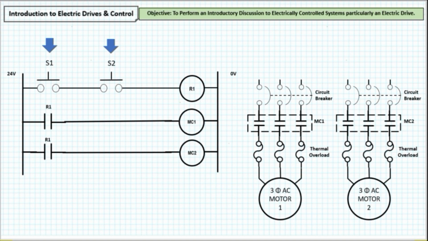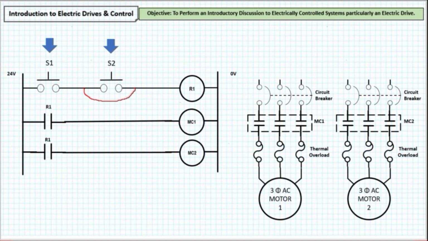Ayan, so before we end this video, I want to show you implications of putting improper wires sa ating circuit. So for example, if we connect a wire here papunta dito below S2, mangyayari dyan, kahit pinutol na lang natin yung S1, R1 will be energized and the whole circuit will function.